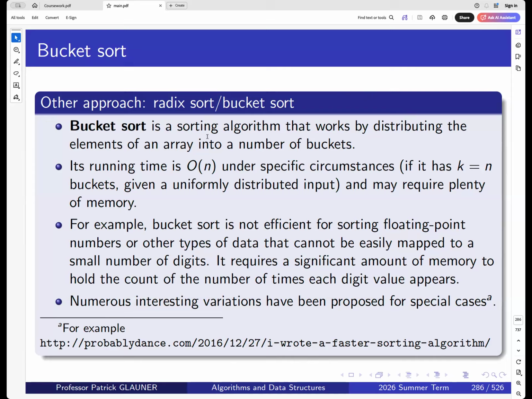And it's sort of a variation of radix sort or bucket sort. And other people have been writing about this too. But usually it always addresses some special cases. So better than n log n, yeah, possible, but difficult and with limited applicability.